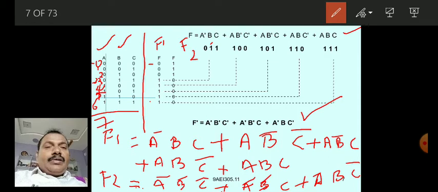That means what are the minterms for F1? Minterms for F1 means its outputs are 1. That is the idea. You have to identify them. So what are the minterms here? From 011 onwards up to 111, it is having F1 value 1. Hence F1 minterms in decimals are 3, 4, 5, 6, 7.